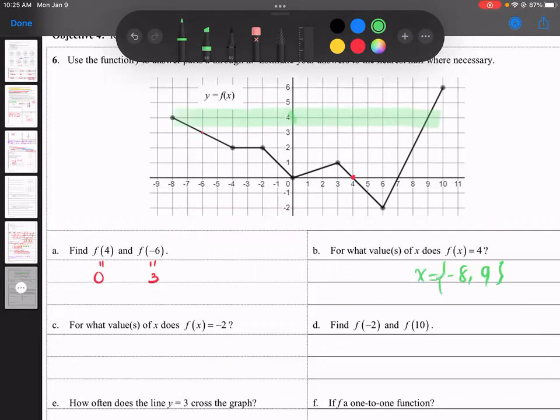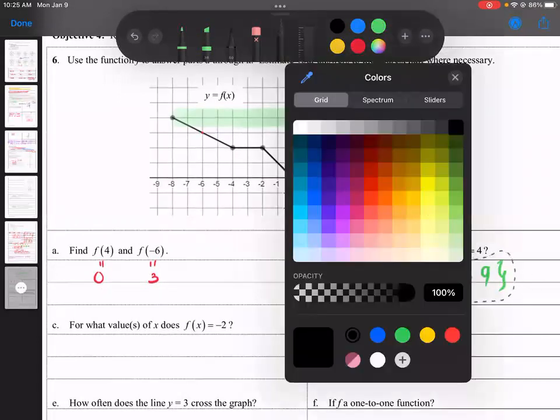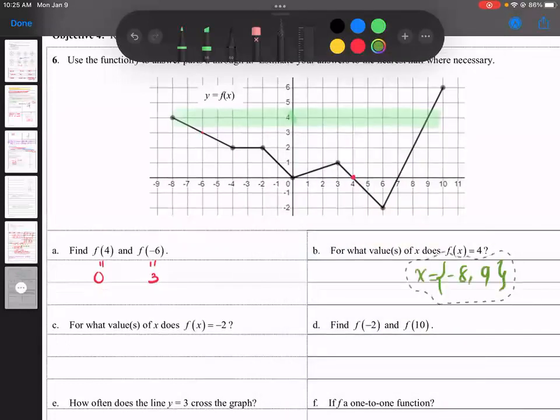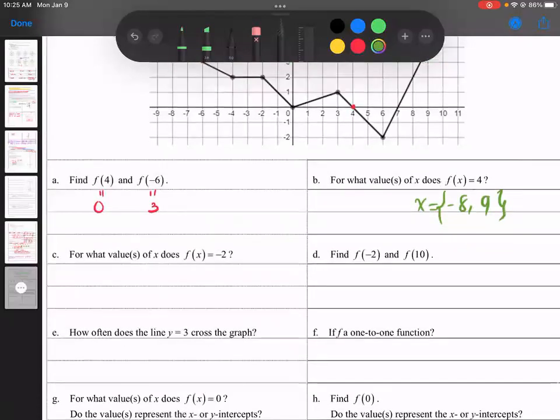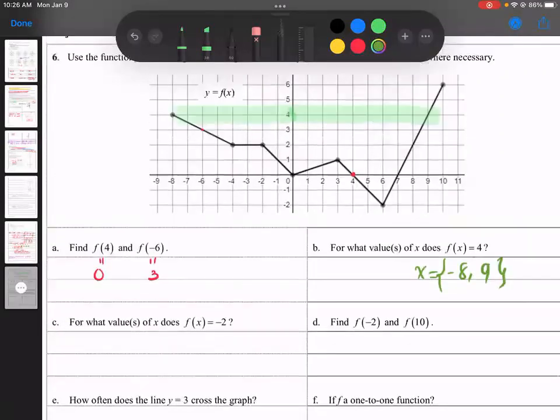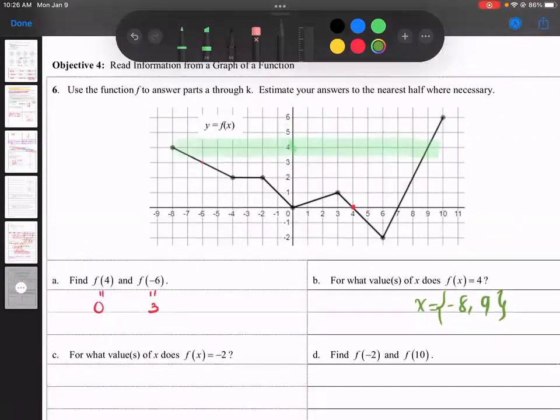Sorry, I should have drawn it differently because it doesn't look like x equals 8, like a horizontal line. It's the coordinate. It's not a function. So put the little curly bracket, meaning it's a set of numbers, -8 and 9. For what values of x does f of x equal -2? Yeah, 6, right?